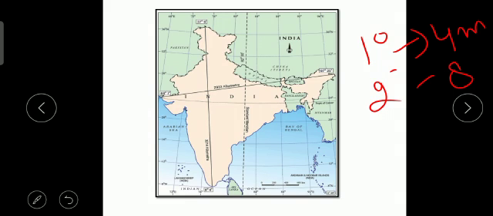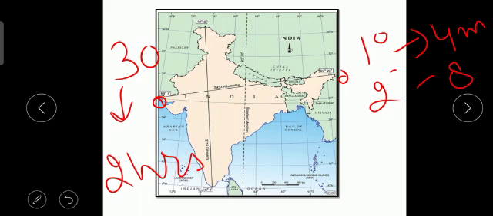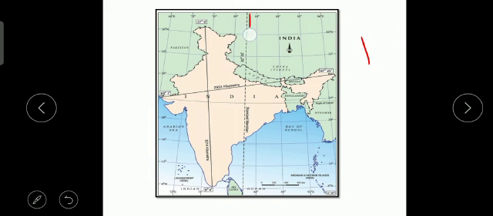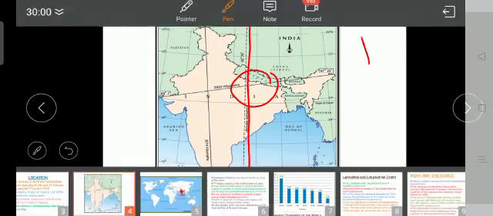And the difference between Arunachal Pradesh and Gujarat is about 30°. So this means that there should be a difference of 2 hours. To cope with this difference of 2 hours, this standard meridian is set up. This is 82° 30', and it passes through Mirzapur in Uttar Pradesh.